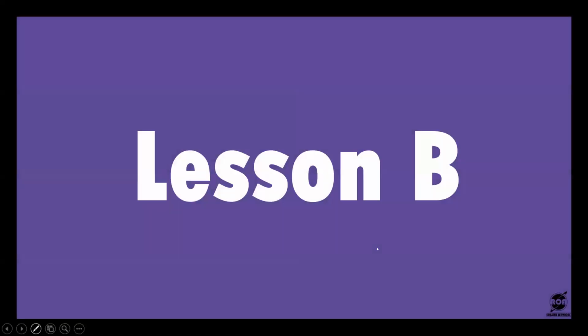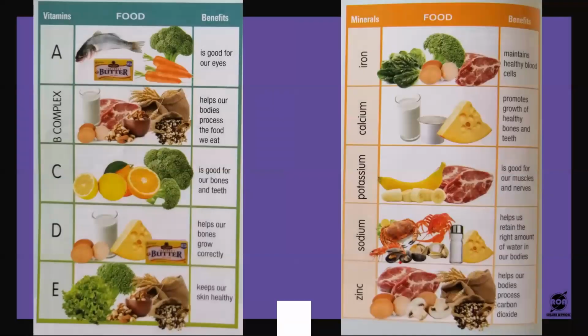So let's move forward onto lesson B. Here in lesson B, we have some vocabulary that talks about how important food is in terms of vitamins and minerals. As you know, vitamins and minerals come mainly in fruits and vegetables, but they are also part of others, such as the ones in the pictures.